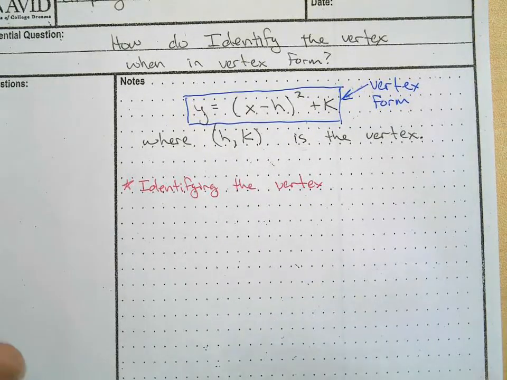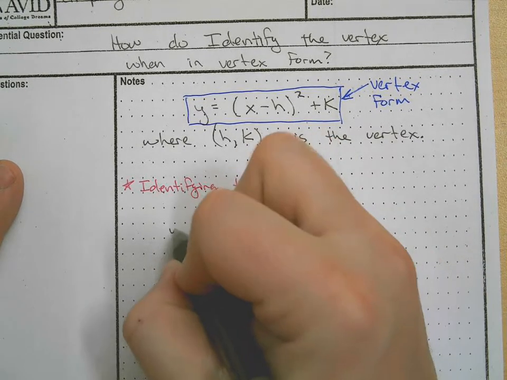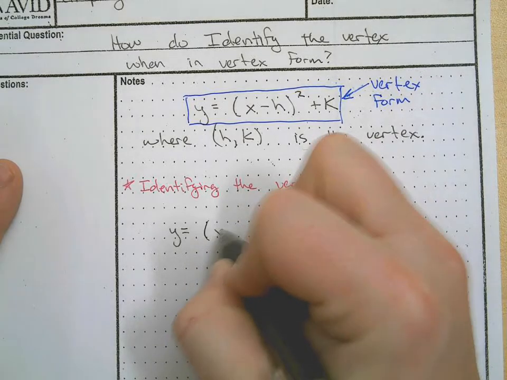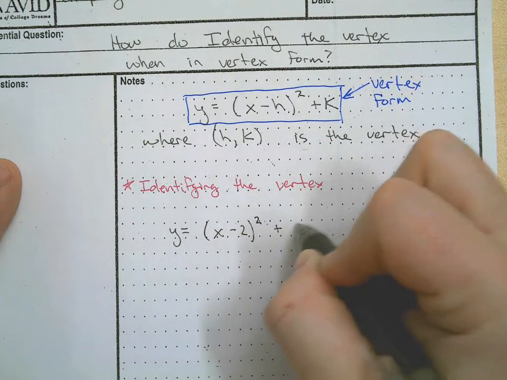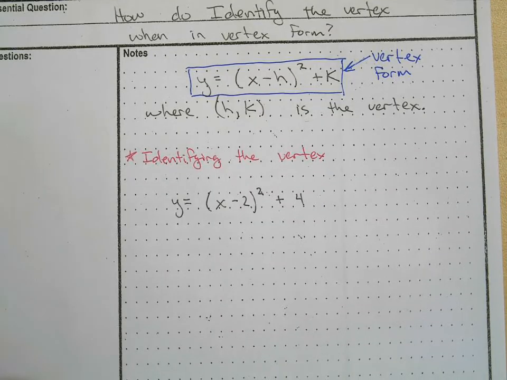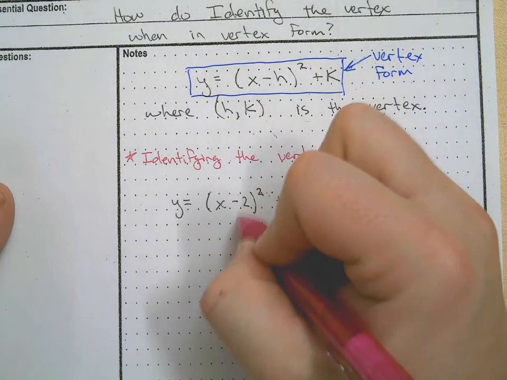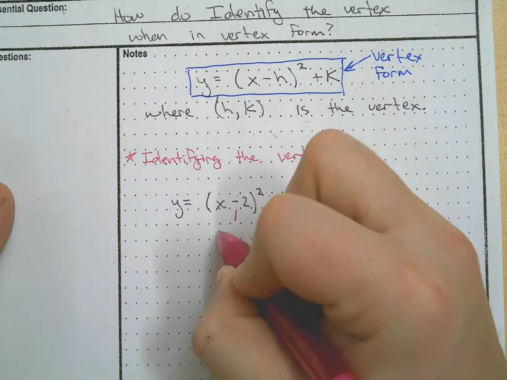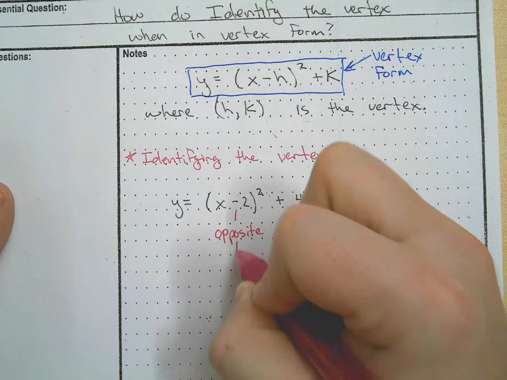So let's do a couple. Let's say I had y equals x minus 2 squared plus 4. So the value on the inside becomes its opposite.